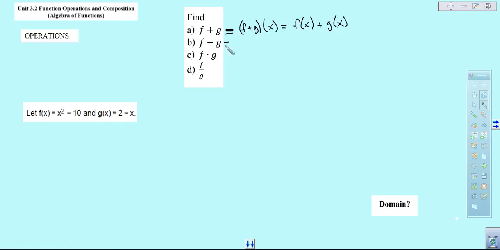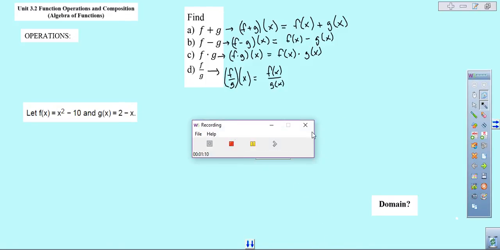The next one would be f minus g of x, and that would be f of x minus g of x. I'm going to hit pause and finish those off, but keep in mind it's the same operation.